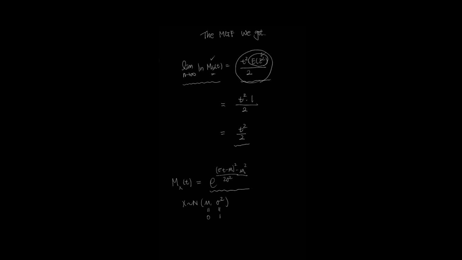We do it here: this is 1, so it's going to be 2, and 1, and this is 0. So this is the MGF of the standard normal distribution, and it's exactly the same form as here, because we have a log here. So we can rewrite this.